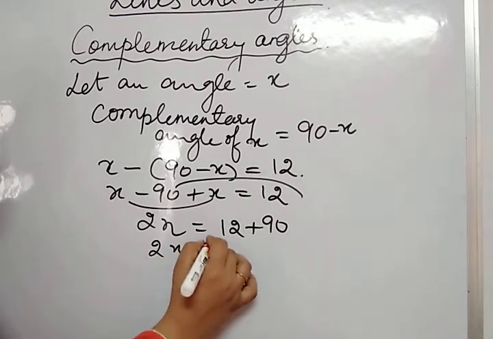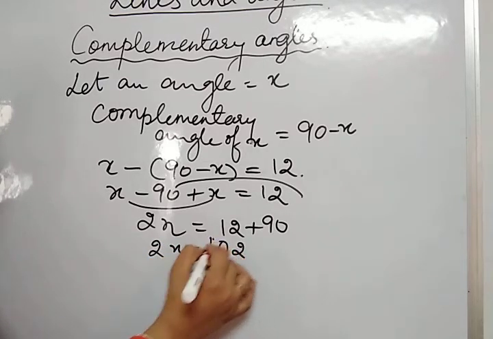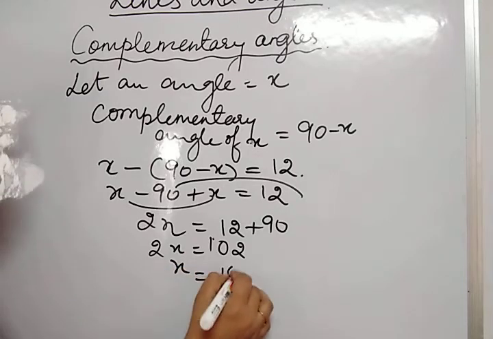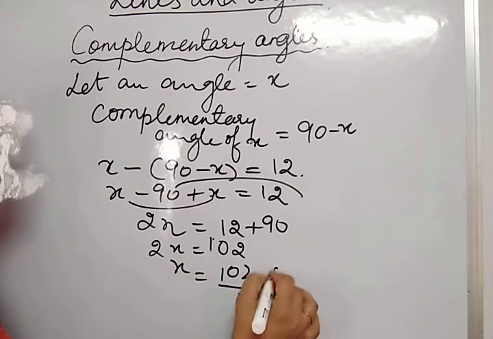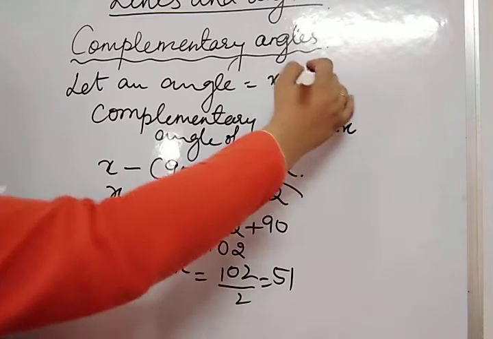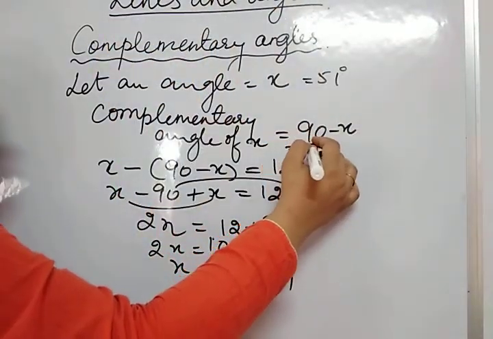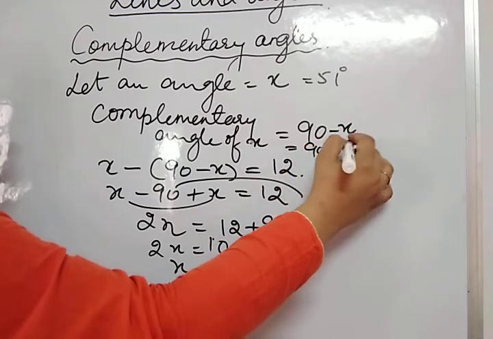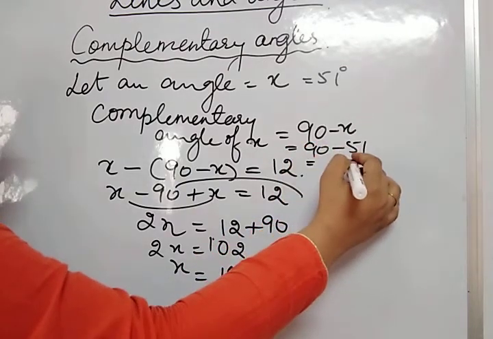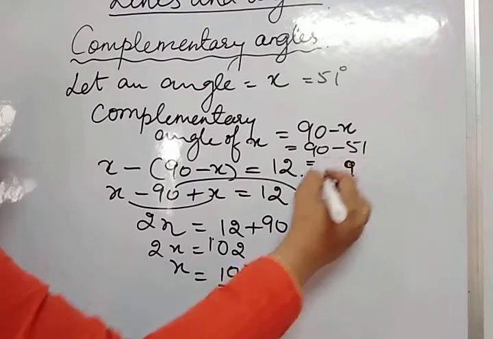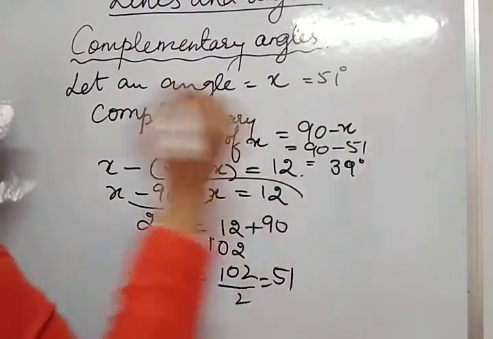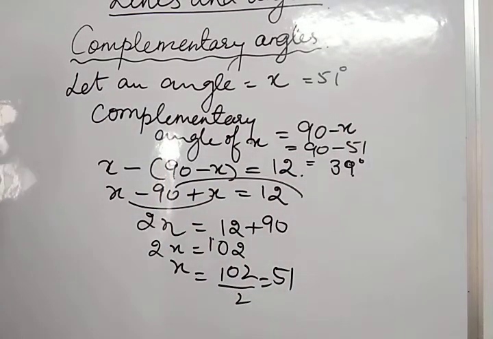Then 2x equals to 102 and then x equals to 102 divided by 2, that is 51. Then one of the angle will be 51 degree and the complementary angle of 51 will be 90 minus 51, 39 degree. Okay.